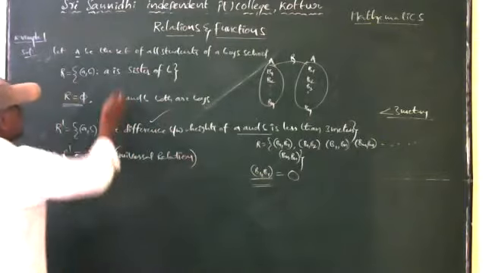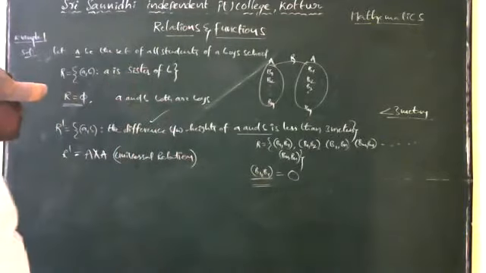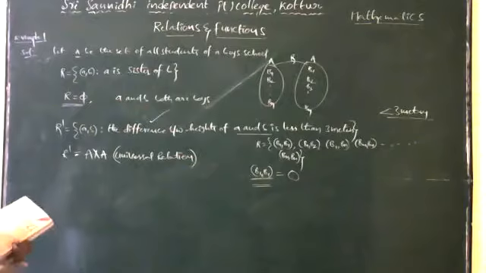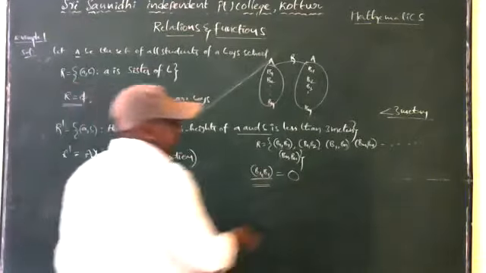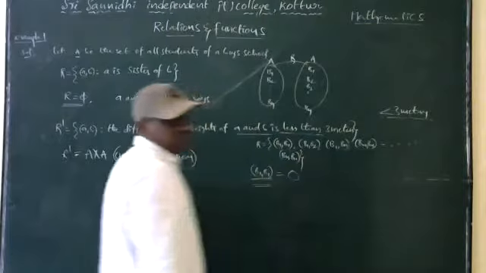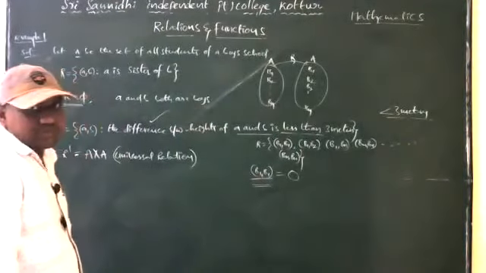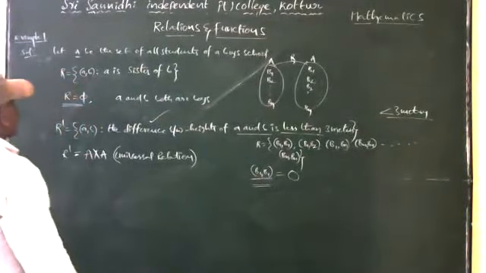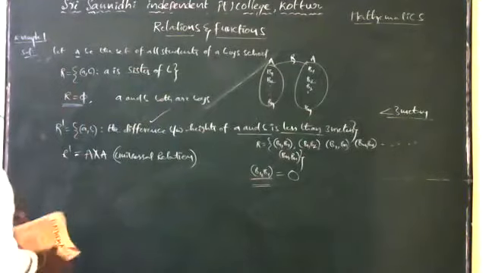So this is the example of an empty relation, and this is the example of a universal relation. By taking any ordered pair, it's not possible for any student to differ by more than 3 meters; same class students are not more than 3 meters apart. Right. Next question.